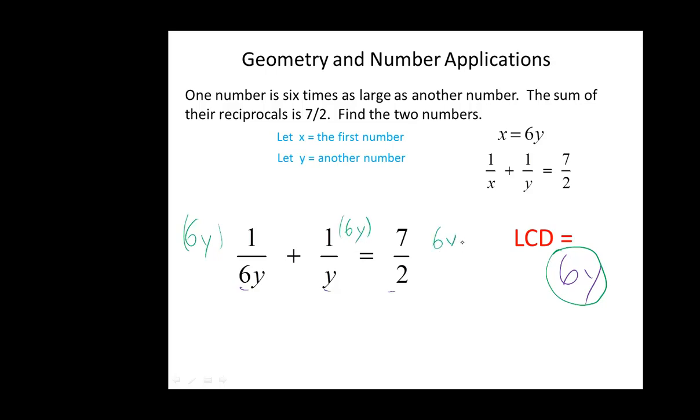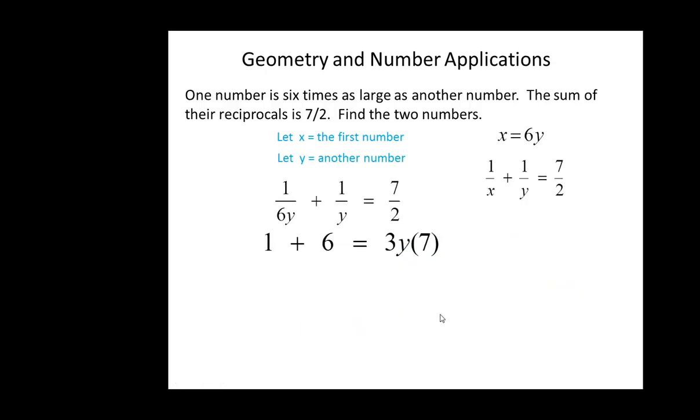From a practical point of view, I'm multiplying each term by 6y. Now as I multiply, I can see that these divide out or cancel out. So here I get a 1. Here the y's are gone. I still have 1 times 6, which is 6. And on the right-hand side, well, 2 goes into 6 3 times. I have 7 times 3y. So here that is written out.